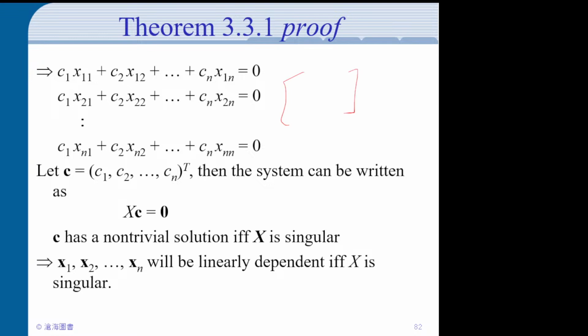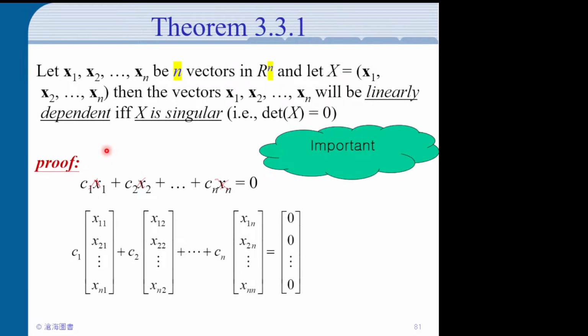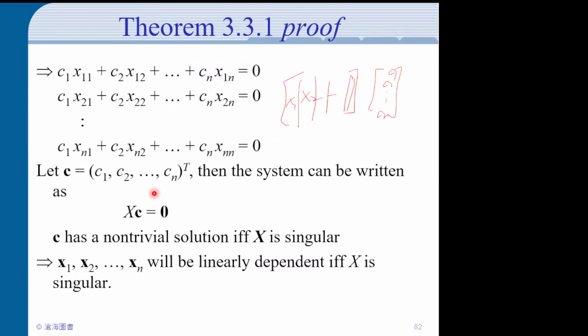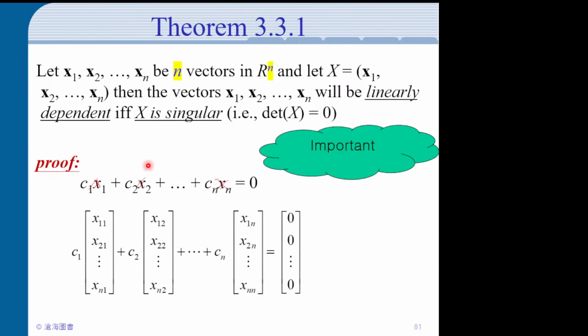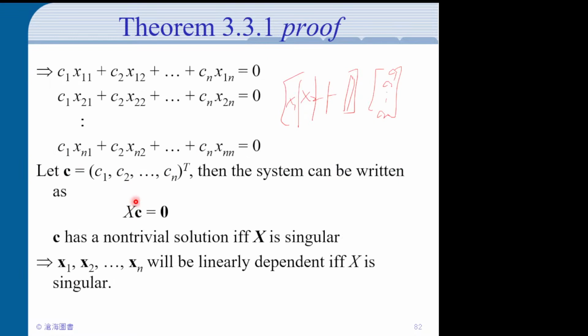You have X here with the columns x1, x2, to xn, and you have c here, c1, c2 to cn. And X times c, we said before, is a linear combination of all the columns, because x1 will get multiplied by c1, x2 will get multiplied by c2, etc. So anyway, this equation means X c equals the 0 vector.